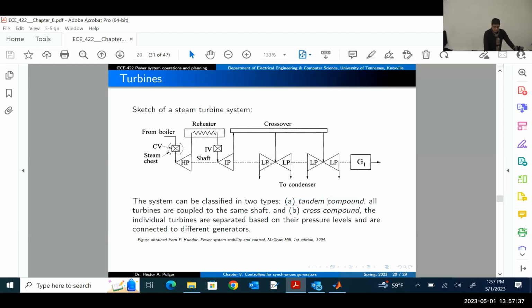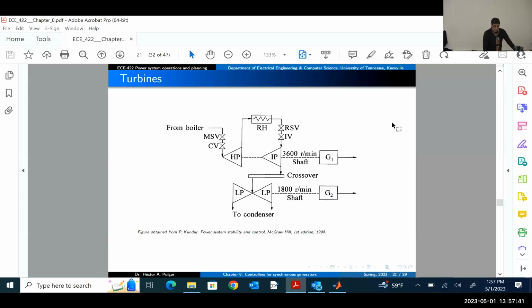The other type is the cross compound, and the cross compound will have 2 different shafts, as you can see in the figure. So in this case, you will have a high pressure and intermediate pressure connected to the same shaft. So you will have one generator rotating at higher speed. You will have a reheater.